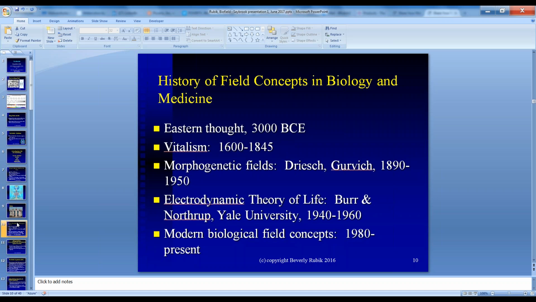It was called the electrodynamic theory of life by two distinguished Yale University scientists, Burr and Northrop. But because DNA was discovered around 1950 and became such a dominant thing to study in biology, the electrodynamic theory of life was lost largely. And it wasn't until about 1980 when modern biological field concepts got going again.